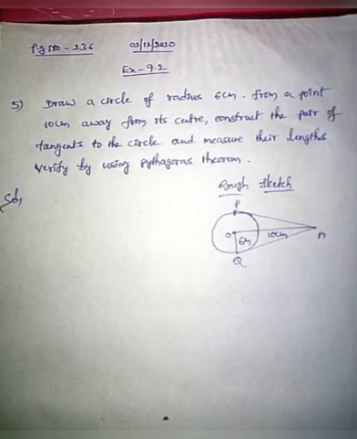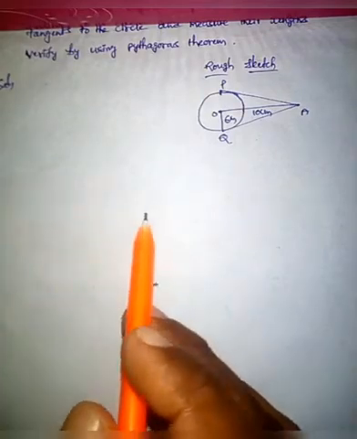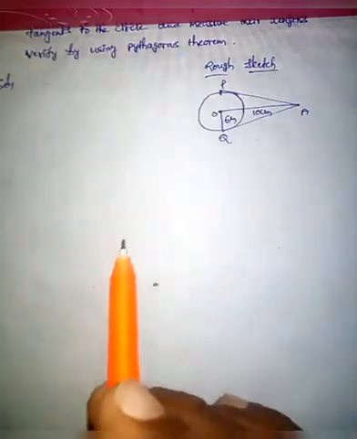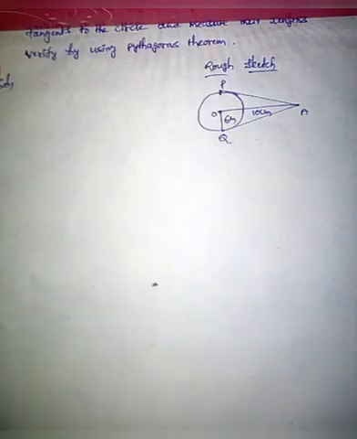Now coming to the actual construction. Draw a circle by selecting 6 centimeter radius. Take your compass and set the compass to 6 centimeter radius.